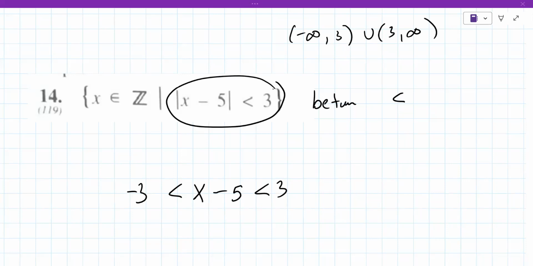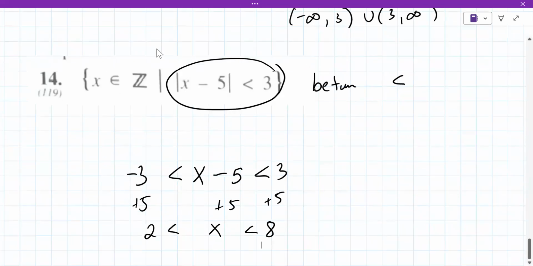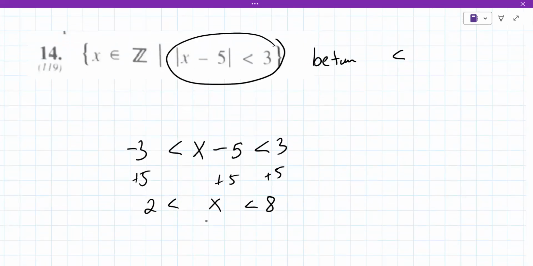It's gotta be in between there. You add 5 like you're saying. 2 less than x less than 8. And you want all the integers between there. So your answer is the set 3, 4, 5, 6, and 7. It's not everything. Right, so it's just gonna be the integers. Gotcha.